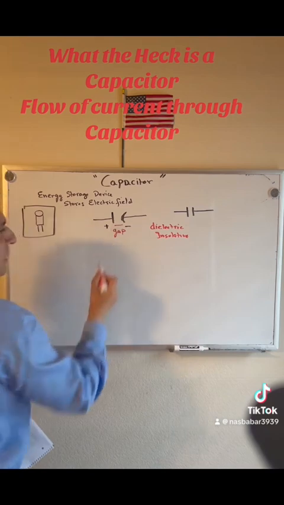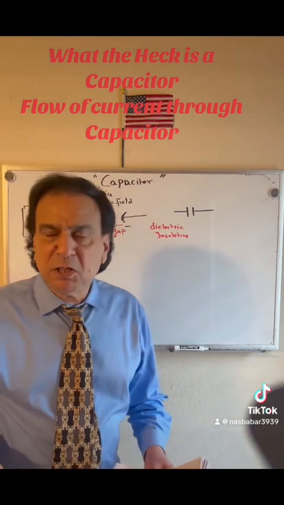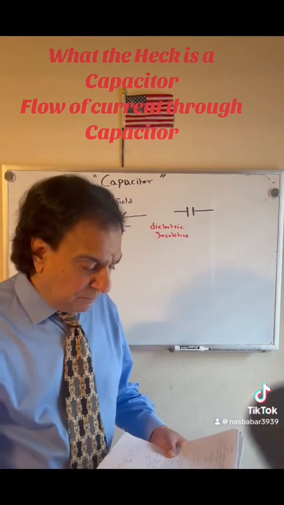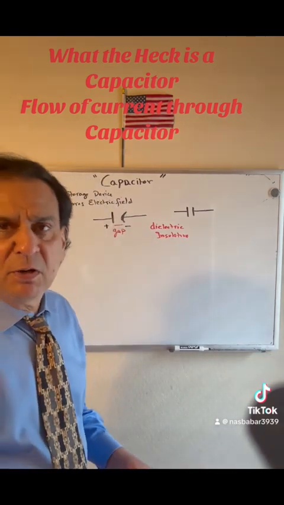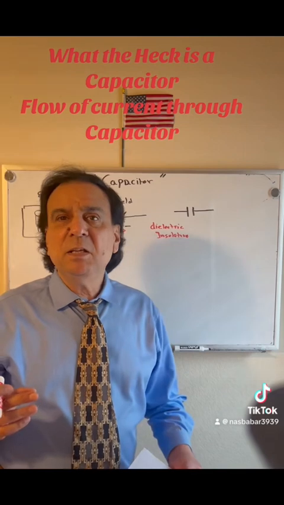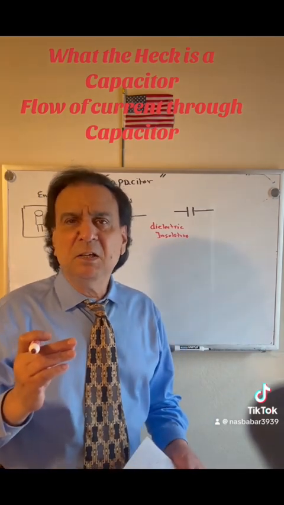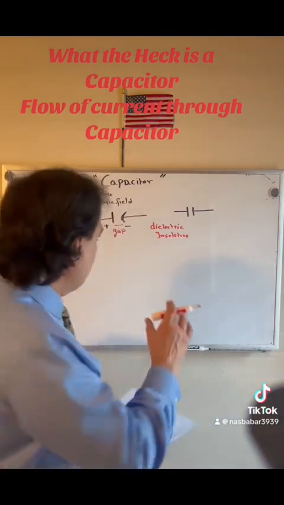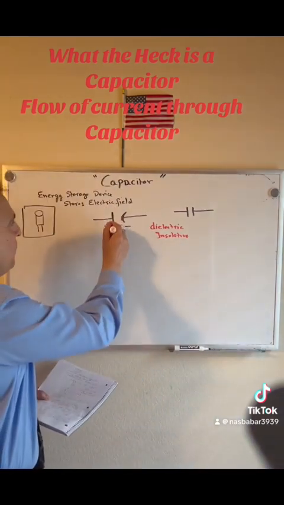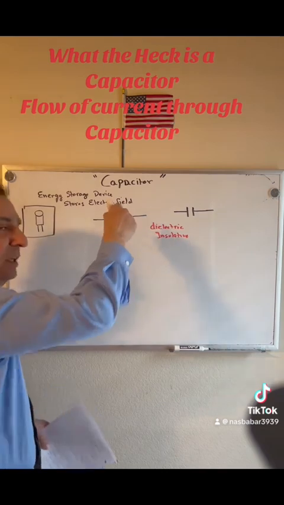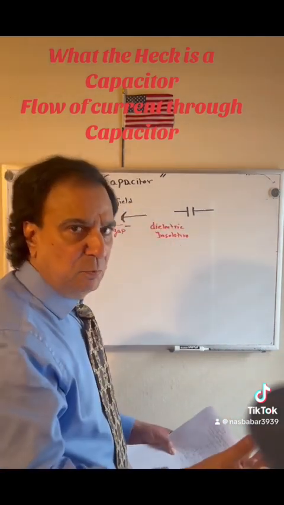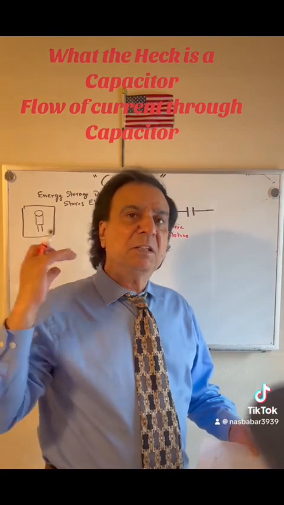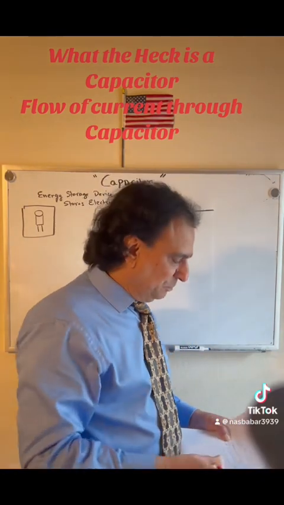This insulation can be plastic, glass, rubber, or some other material which is an insulator. So keep in mind: two plates with an insulator in between, and the job of the insulator is not to let the current pass.